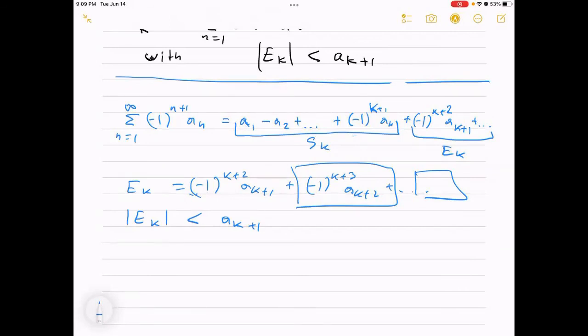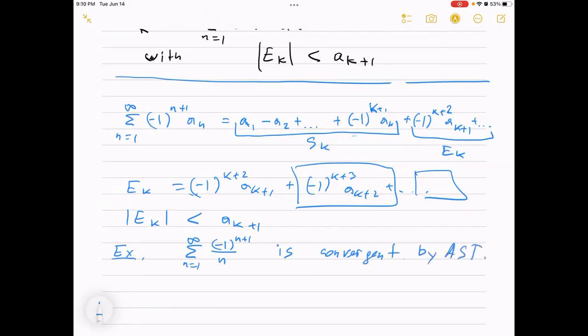Okay, so let's try an example on that. We already saw that the alternating harmonic series is convergent. We already proved that by AST.